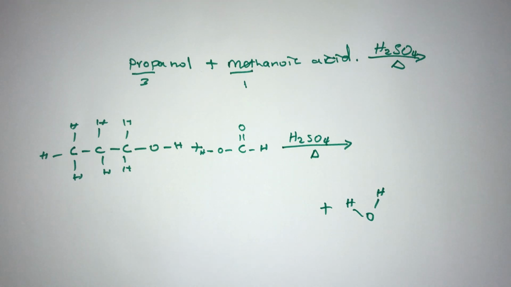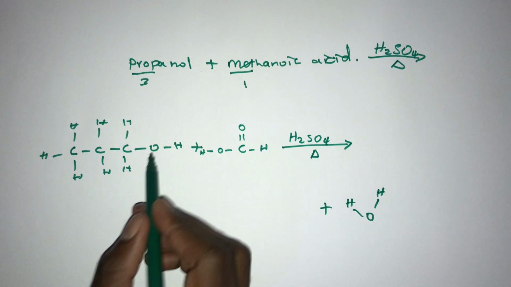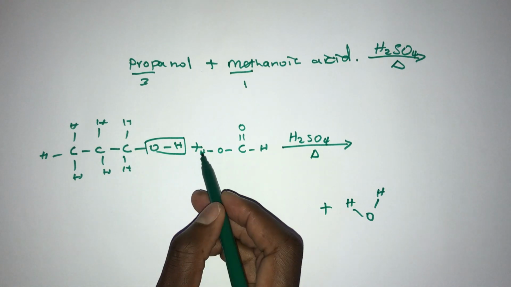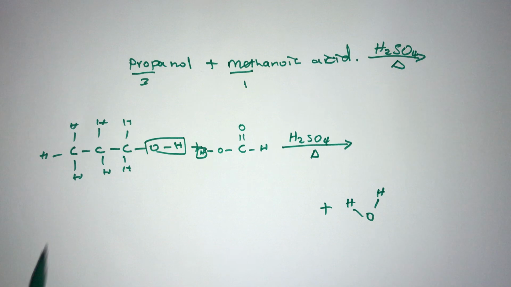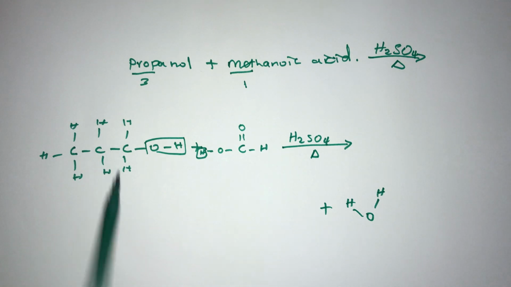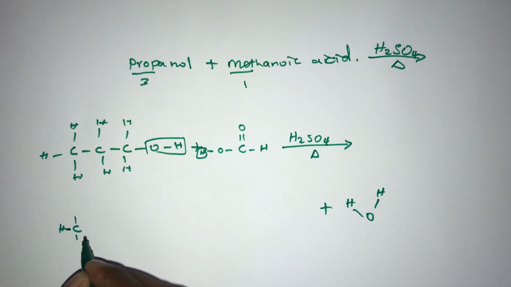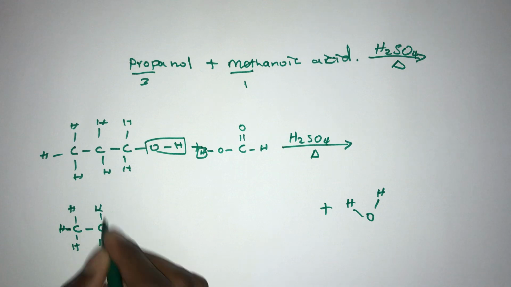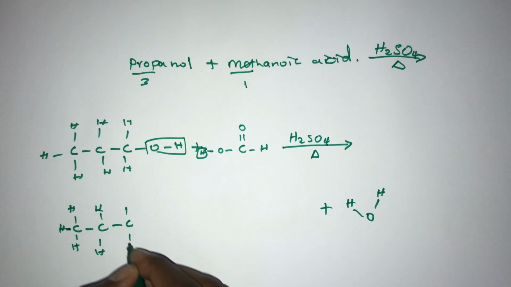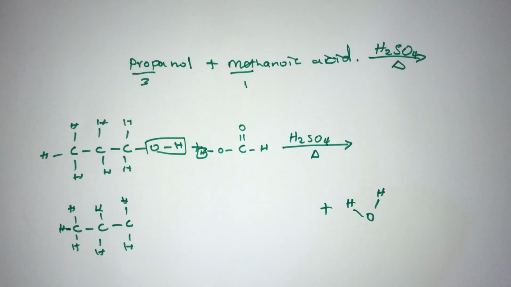So that means now we must deal with the remaining ones. So we remove this one and this one. So now we are left with 1, 2, 3. This is the first carbon atom, the second carbon atom, the third carbon atom. So now let's check.